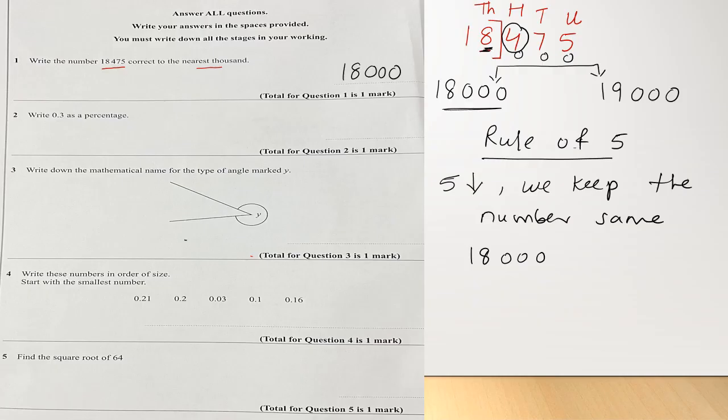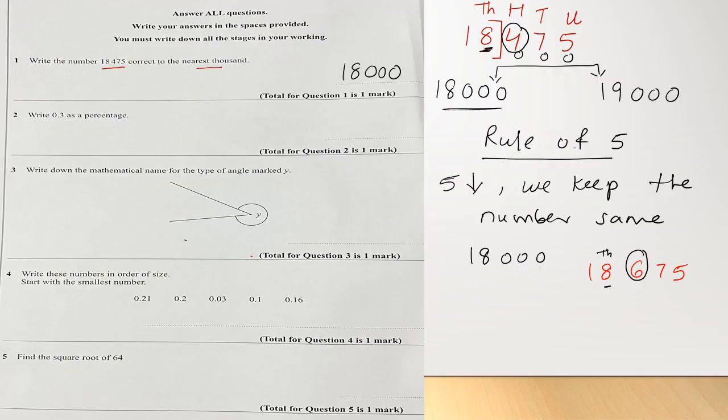Okay, and now suppose my number would have been 18,675. Now I'm going to follow the rule of 5. What does the rule of 5 say? Take the help of the next door number. So you know we have to stop here in the 1000 place. Now I will take the help of the next door number. Next door number is 6 and it is more than 5.